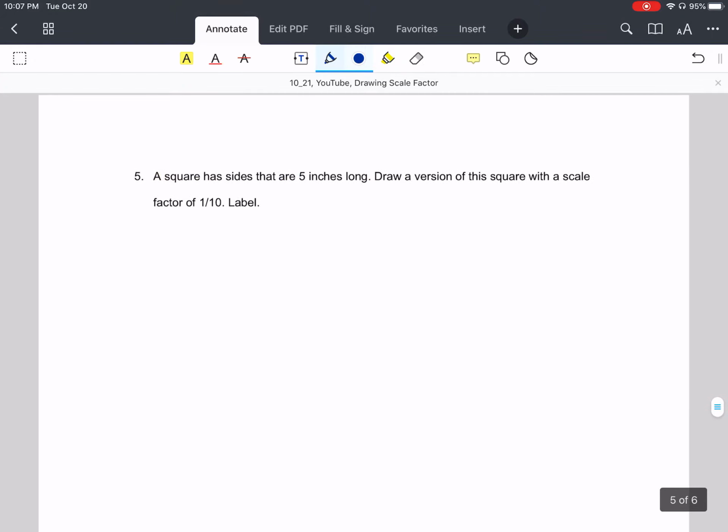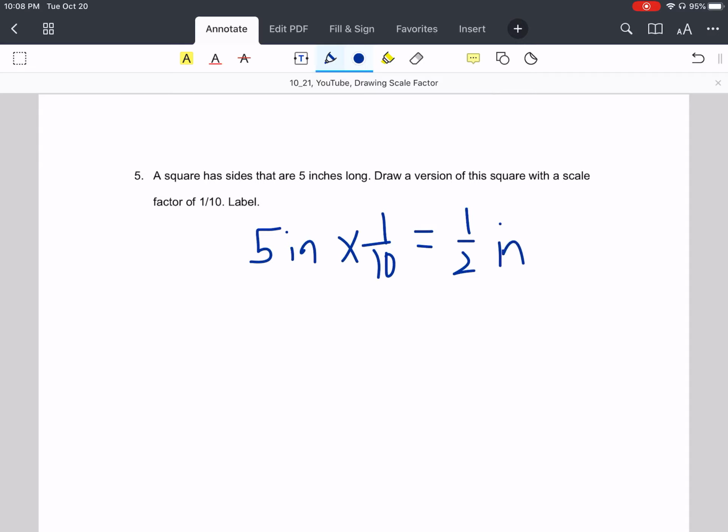All right. A square has sides that are 5 inches long. Draw a version of this square with a scale factor of 1/10. So, of course, a square has 4 equal sides, but now we're going to shrink that. So we're doing 5 inches multiplied by 1/10. That would equal 1/2 of an inch.